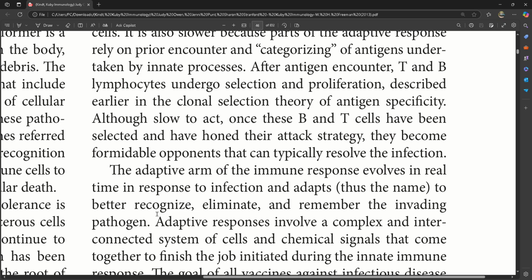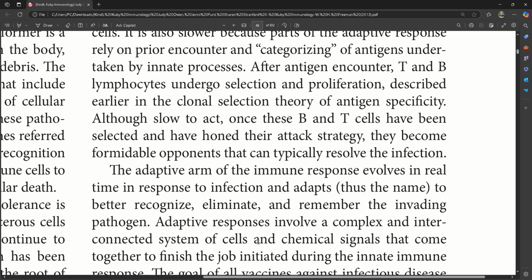So it will recognize it and will help to eliminate and also will remember. These are the attributes of the adaptive immunity or acquired immunity, that it will recognize, eliminate, remember, and differentiate self from non-self.